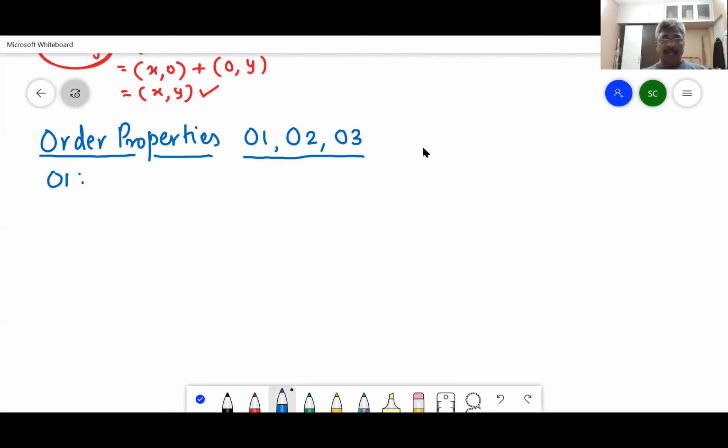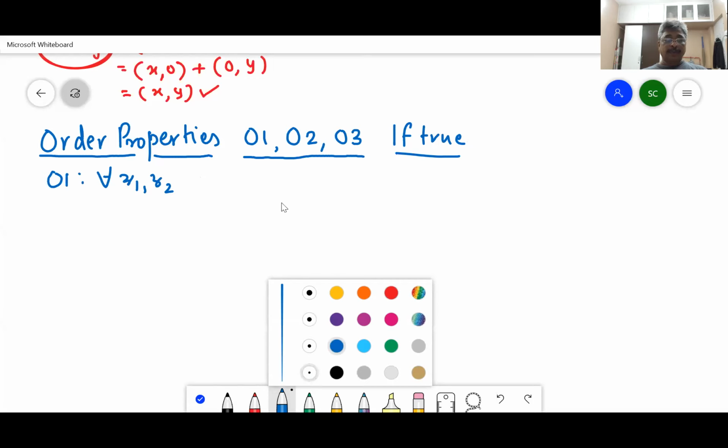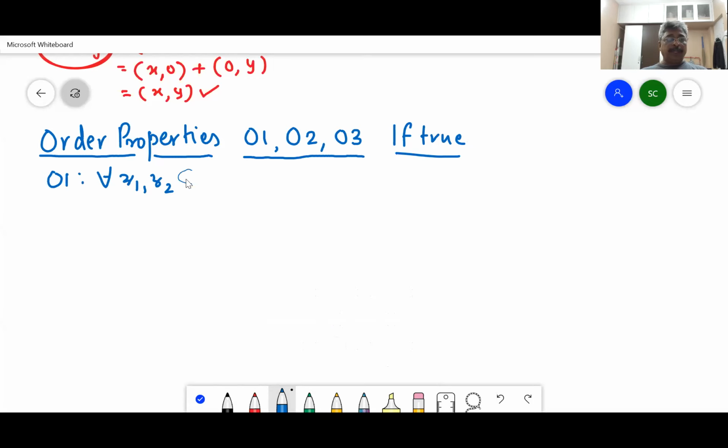O1, suppose, if possible, I mean, if true, would be for every Z1, comma Z2 belonging to P, Z1 plus Z2 belongs to P. O2, for every Z1, comma Z2.